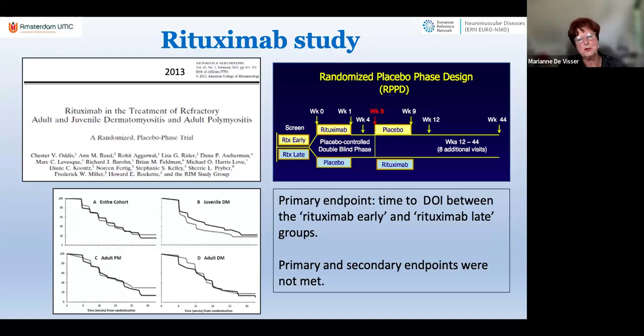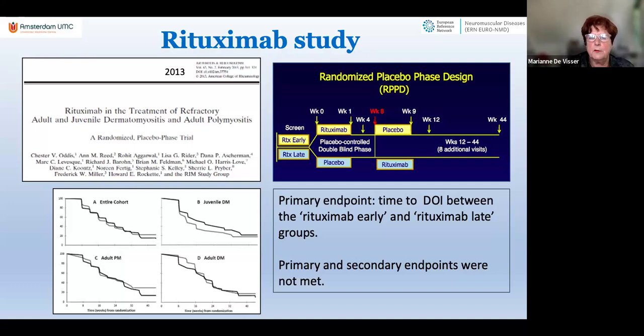Rituximab is another story. It's an anti-CD20 monoclonal antibody that depletes the B lymphocytes from the blood. There has been only one large RCT, in which 200 patients were enrolled, but the patients could be adult or juvenile dermatomyositis patients and also adult polymyositis.